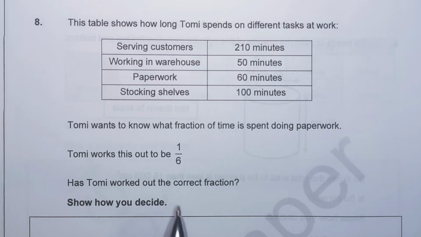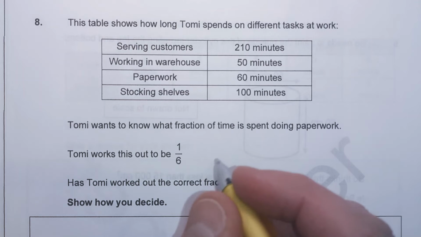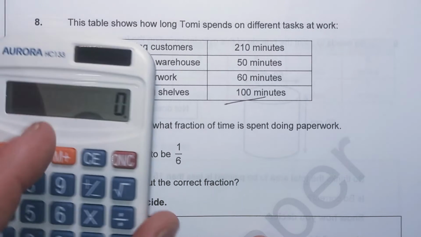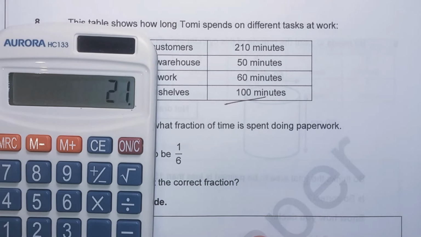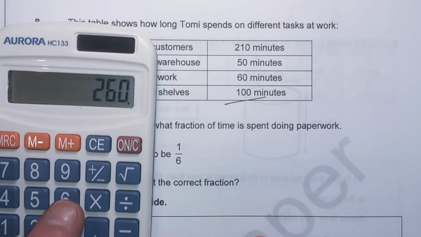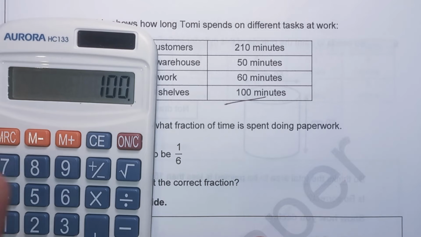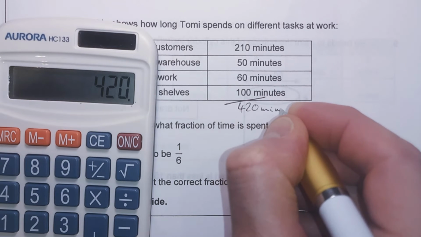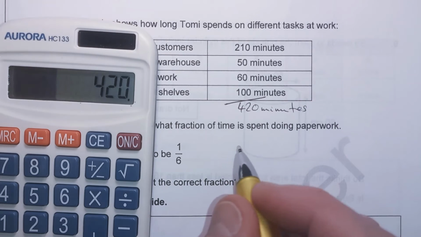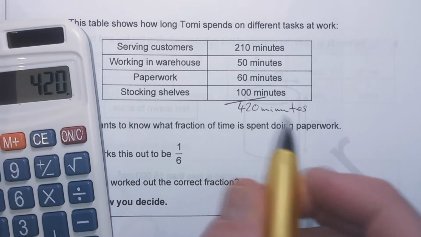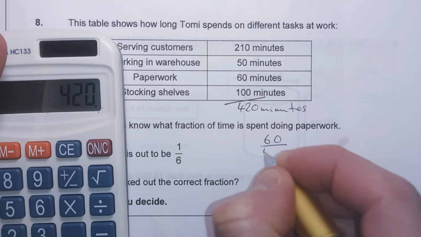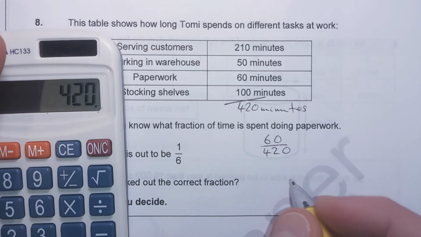Okay, well, let's work out the total amount of time spent working first of all. So we want to add these all together. So 210 plus 50 plus 60 plus 100. So we've got a total of 420 minutes. Now, a fraction of time spent doing paperwork, well, that's going to be 60 out of 420.